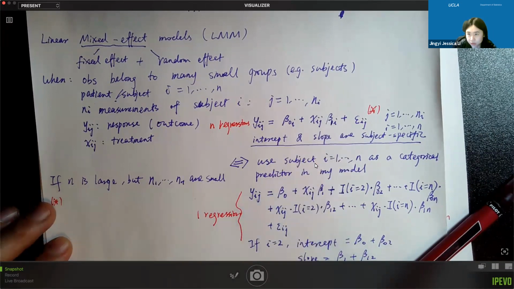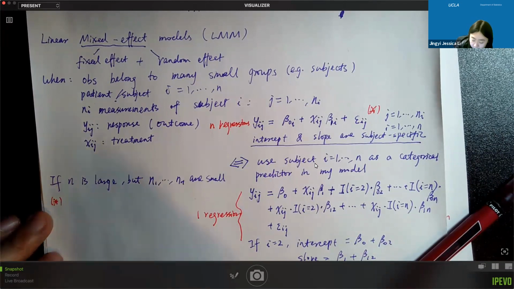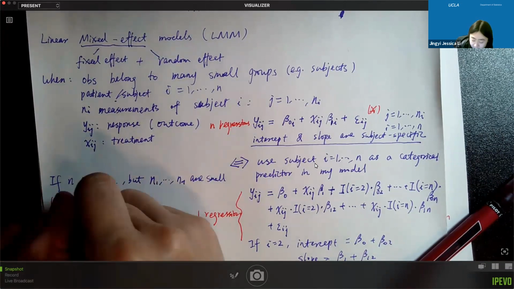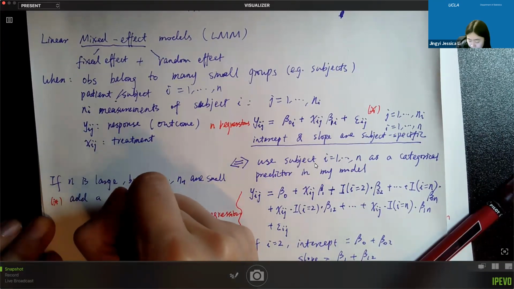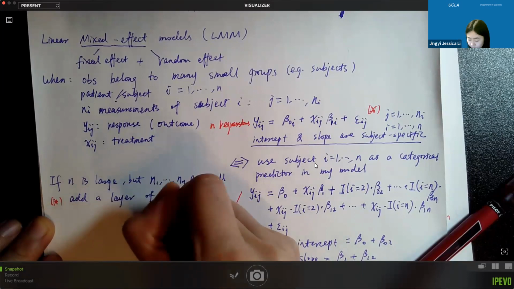We have 2n parameters. So how can we make the parameters fewer while still allowing different subjects to have different slopes and different intercepts? We can add a layer to the model. So what we do is add a layer of assumption.